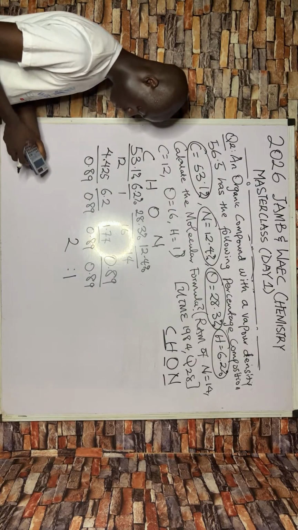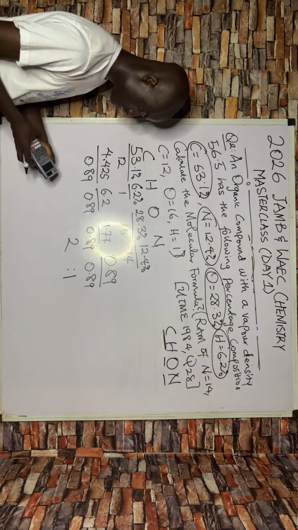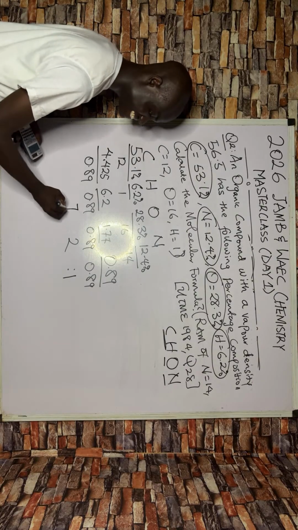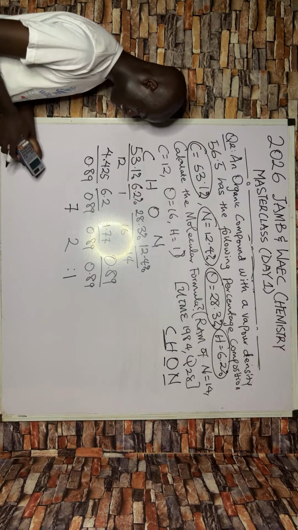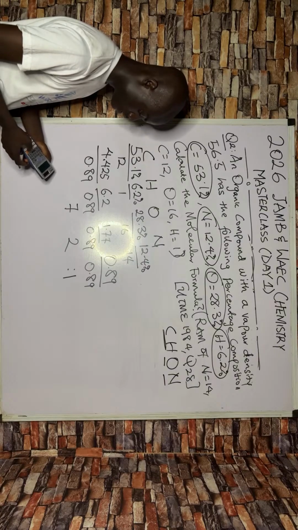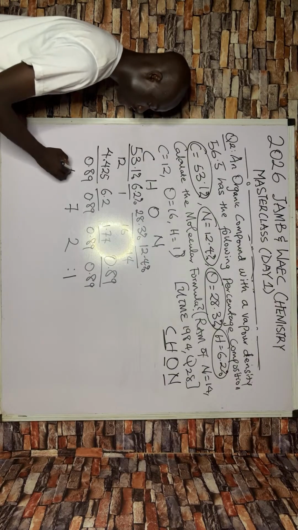Then 6.2 divided by 0.89 gives approximately 7. And 4.425 divided by 0.89 gives approximately 5.